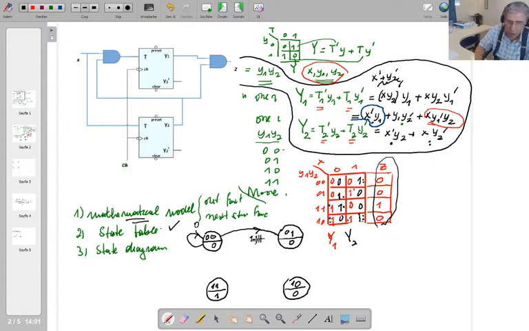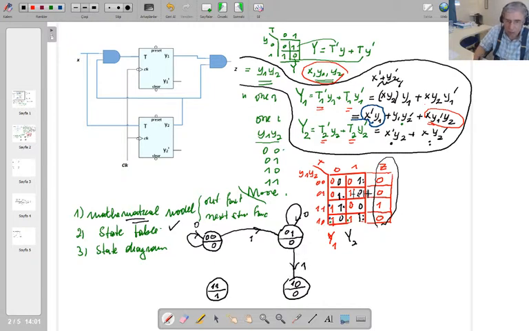So the second line here, if your present state is 0, 1, that means you are here. If you apply 0, you come back to that present state again. Your next state and the present state are the same, isn't it? 0, 1 present state, 0, 1 next state when the input is 0. When the input is 1, present state is 0, 1, your next state is 1, 0. So it's going to be like that.